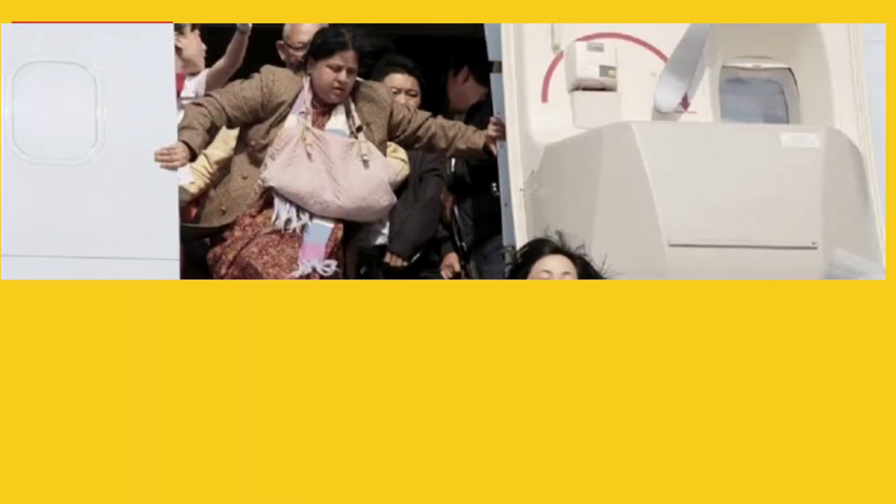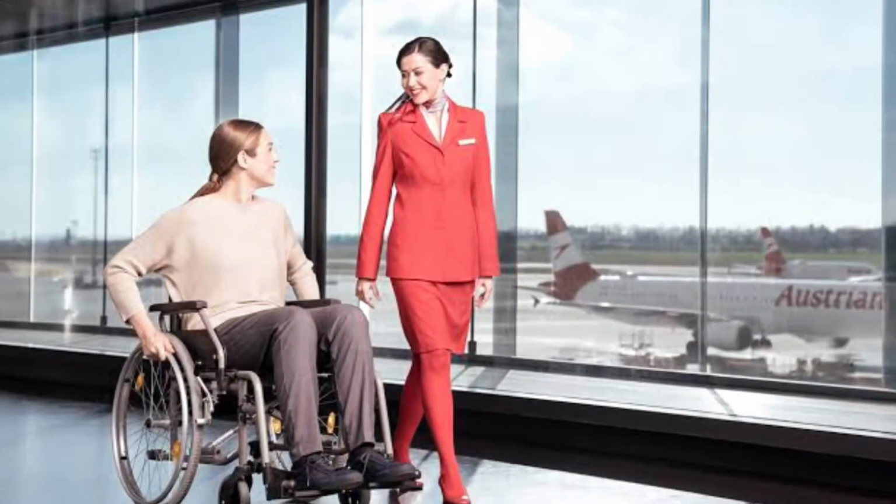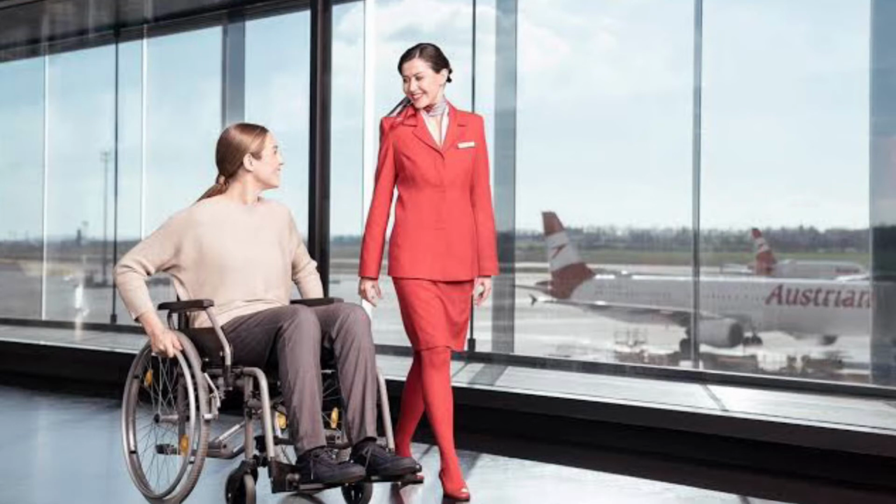This escort needs to be 16 years old or older, physically and mentally able and willing to evacuate the passenger with reduced mobility in case of any emergency. The cabin crew member is always there to help these special needs passengers, but it is always advisable that people with reduced mobility have an escort who can help them whenever there is an emergency on board the aircraft.